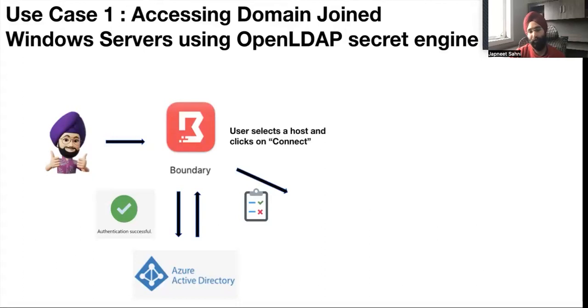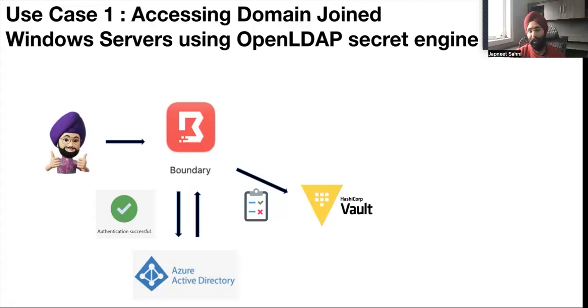So the user will select a particular host and click on the connect button. As soon as he clicks on connect, a request is going to be sent to HashiCorp Vault for generating or retrieving the credentials for that particular user.